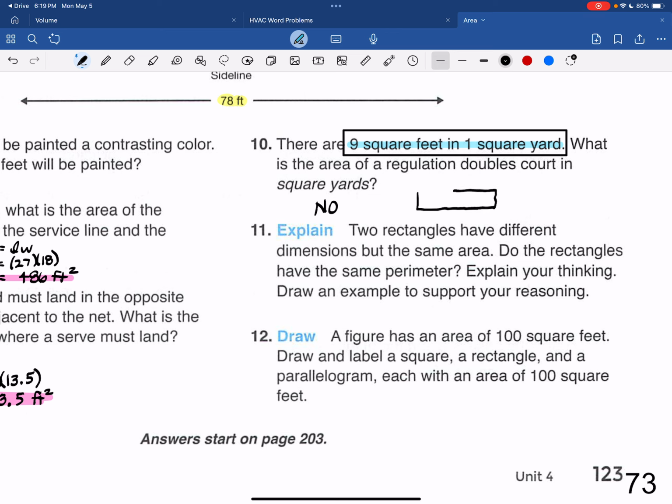Let's do a long, skinny rectangle that is 10 feet by 2 feet. So the area is going to be 10 times 2, that's 20 square feet. And then consider the rectangle that is something like this.